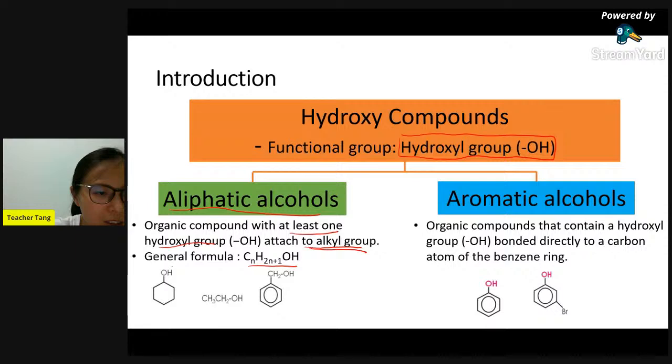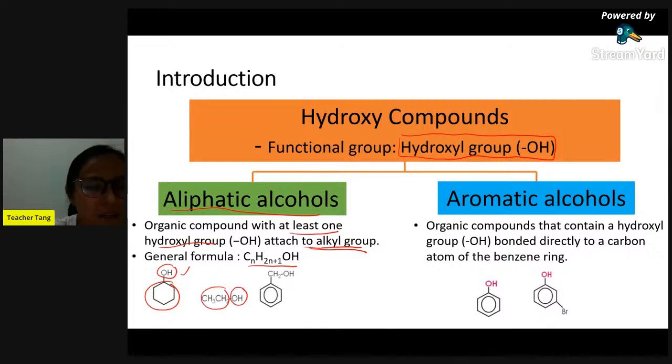Can you see that the hydroxyl group is attached to this alkyl group? So this is aliphatic alcohol.